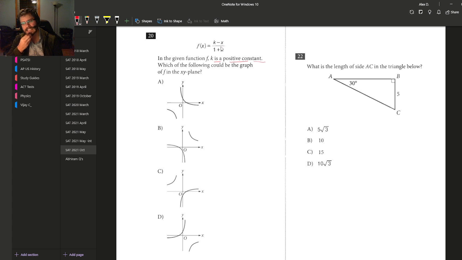Okay, when x is 0, we get k over 1, positive. So that gets rid of anything with a negative y-intercept. And this will get smaller and smaller as x increases, and eventually becomes negative, I believe. Yeah.